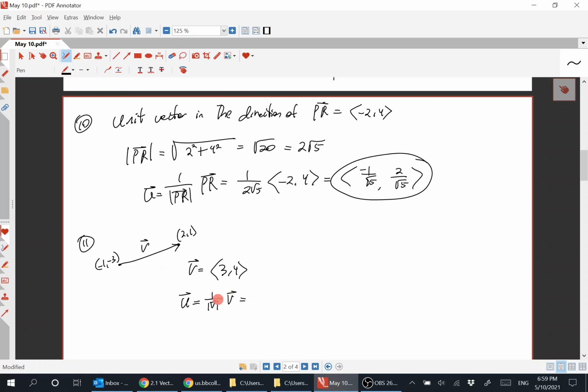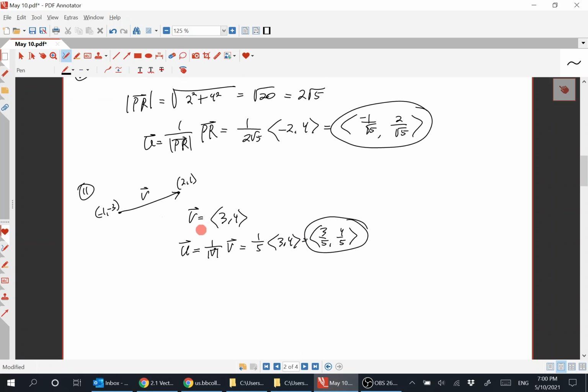What's the length of this vector? Does anyone recognize it? It's a special one. Is it 5? 5, right, exactly. It's 1/5 times (3, 4), so that's (3/5, 4/5). All right.